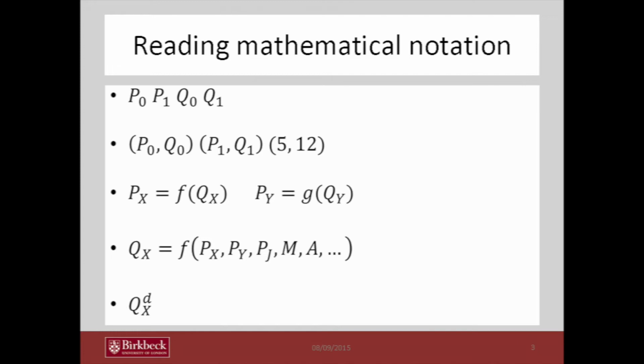In the second row, when you have pairs of quantities and prices in a bracket, this is usually the mathematician's way of talking about ordered pairs. So in these ordered pairs, the order is important. In this specific notation, price always comes first and quantity always comes second.